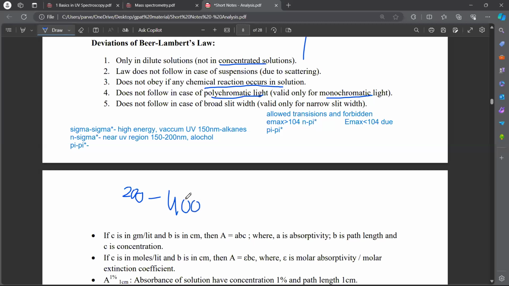Our source has emitted this range of radiation. The monochromator will allow only a specific wavelength of the light to interact with the compound. It may be 232, it may be 233. So the single wavelength of light is known as monochromatic light, and the light which has a range of wavelengths is known as polychromatic light.